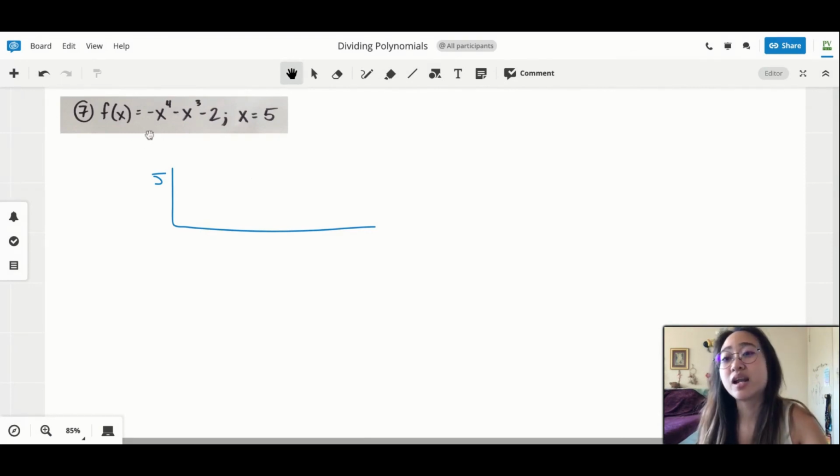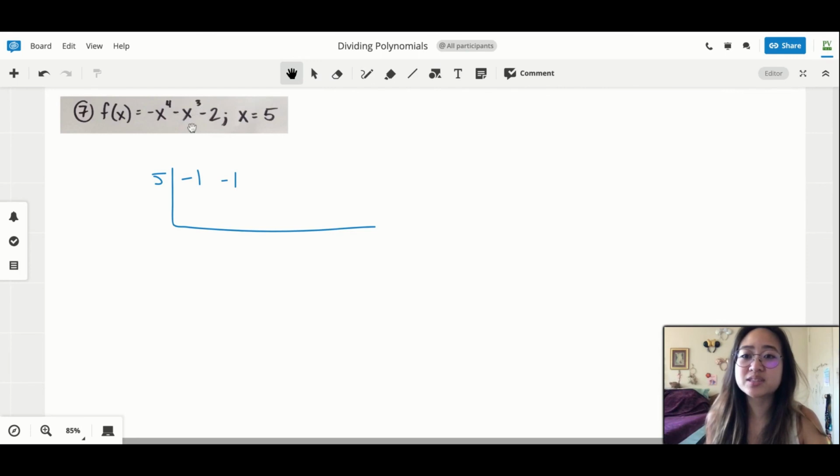So we have negative x to the 4th minus x cubed minus 2. Our highest degree is 4 with the coefficient of -1. And then we have another -1 as a coefficient for the third degree. But notice that it goes straight from x cubed to the constant -2. So we are missing a term for the second degree and the first degree.